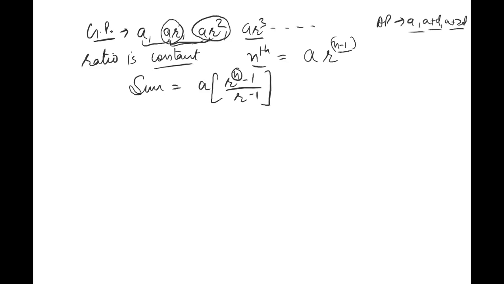Again, formulas for GP are not very frequently used. They're very rare, but again, we need to know the formula. Is that okay? Any point here anyone wants to make?